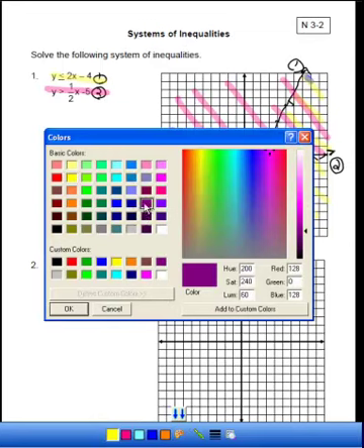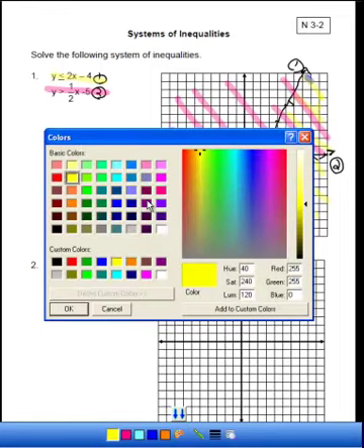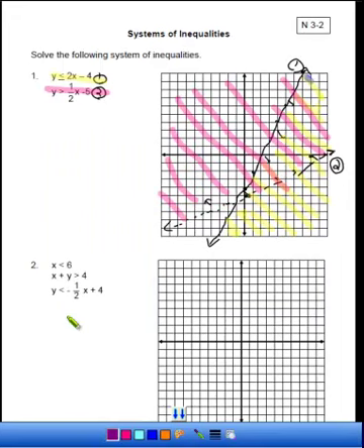Okay, so the purple part here is really the solution set. And so the answer is truthfully just this part in here. It is not this or this, because that's only good for one equation or the other. You have to find the shaded area that is shaded for both of them.